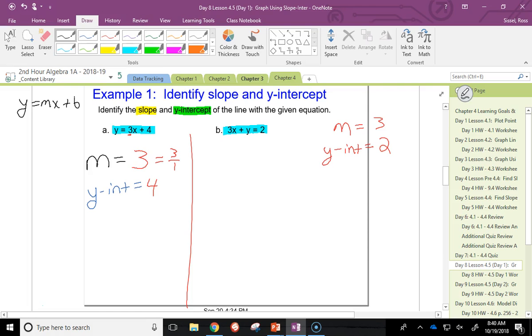So, Caitlin said, I have to minus 3x. So now I have y minus 3x plus 2. Y equals negative 3x plus 2. That is now in my slope-intercept form. Now, what is my y-intercept? Whew, I would have got lucky.